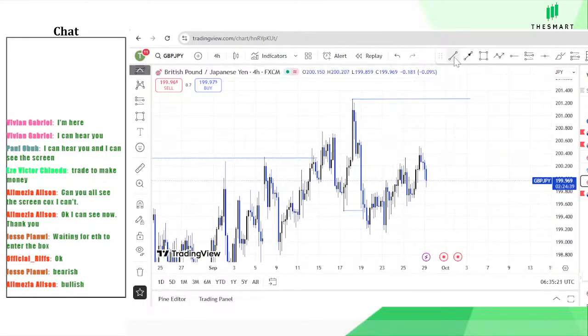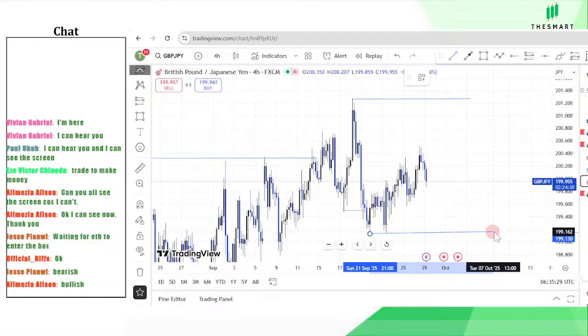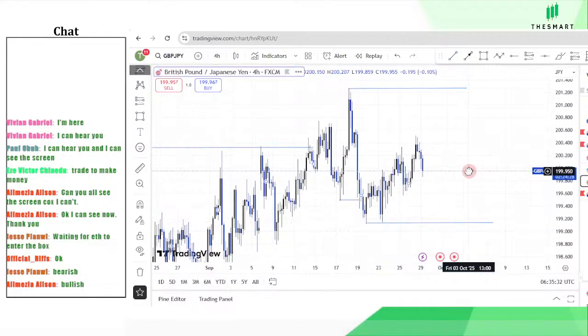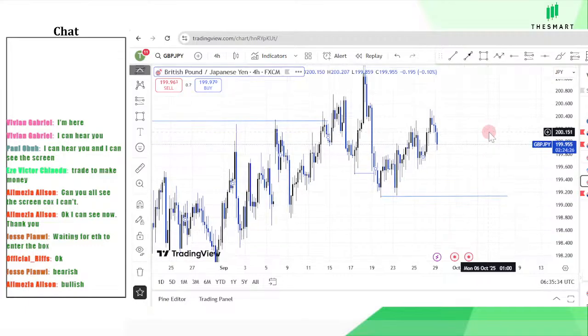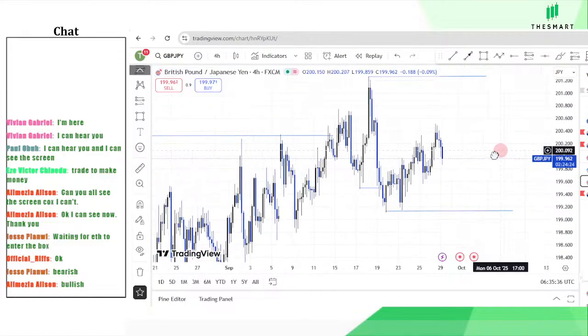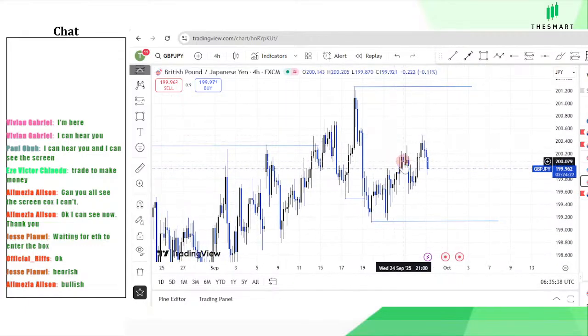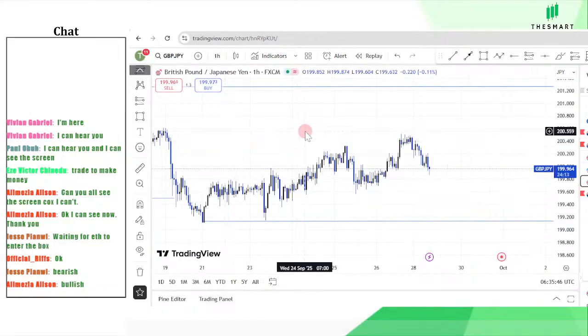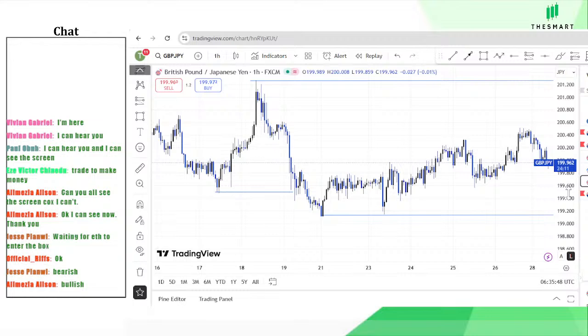This is the last low we want to see price clear. Now GBP JPY is kind of in a ranging market. So let's go to the 1 hour to get a clear price action to see reason for us to take a sell or a buy.